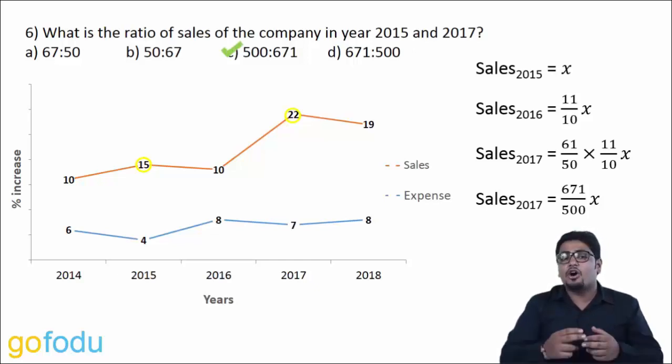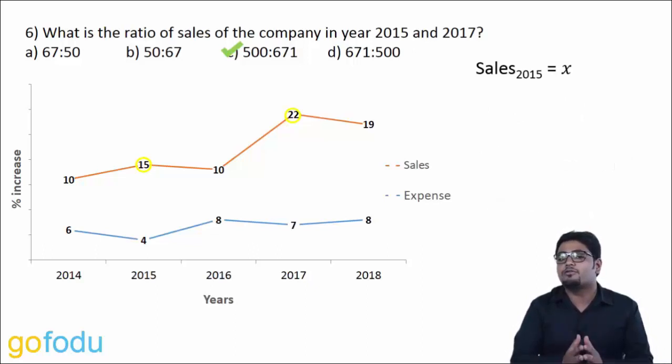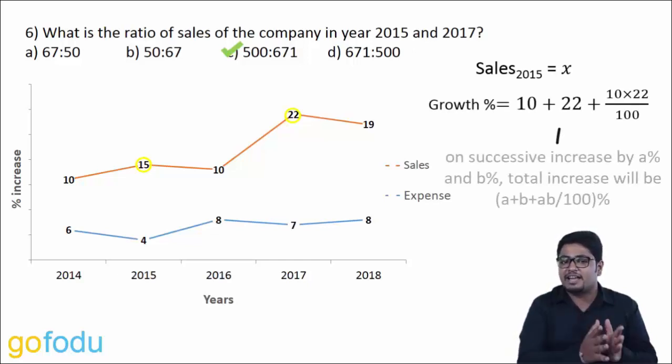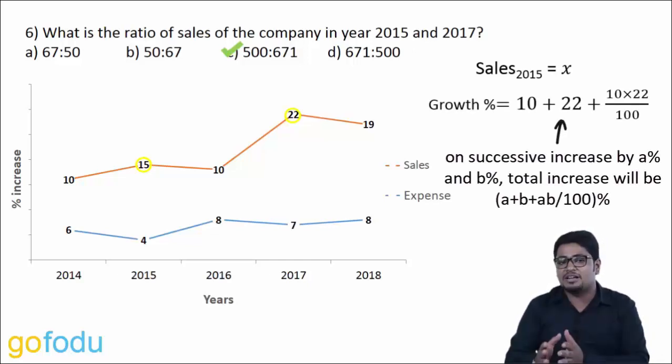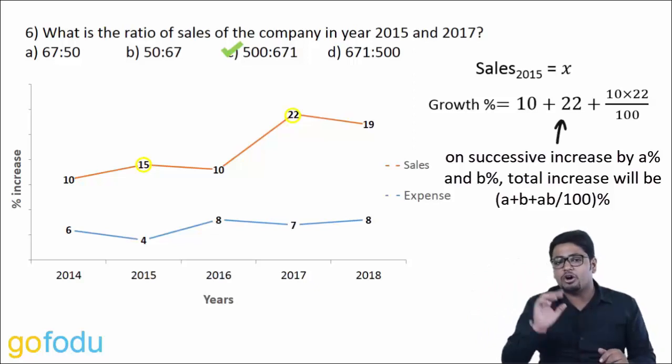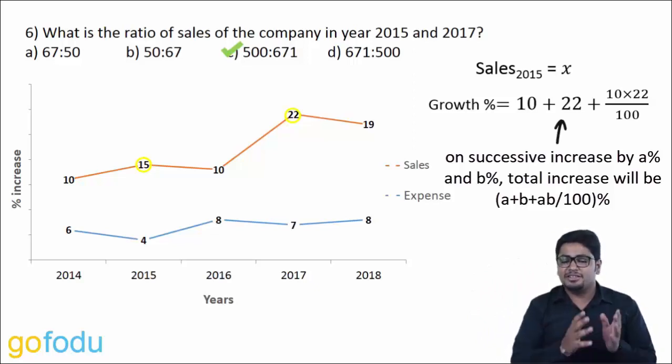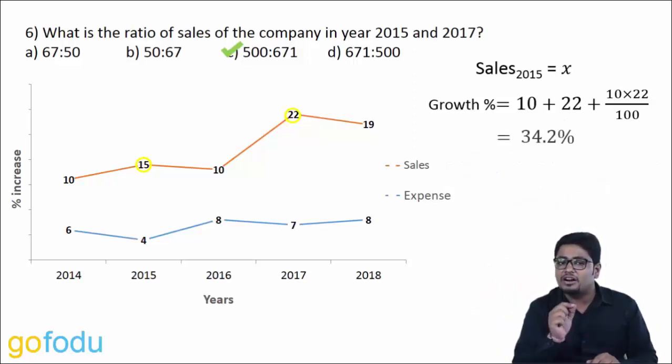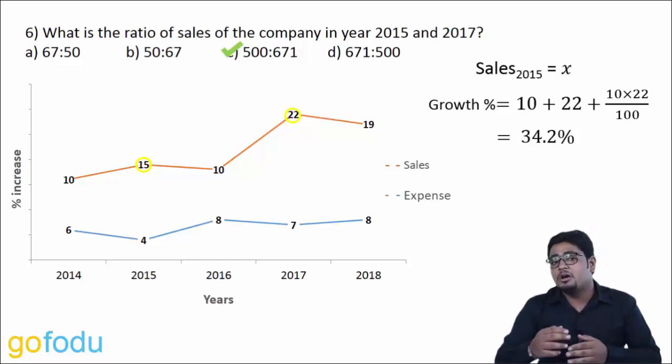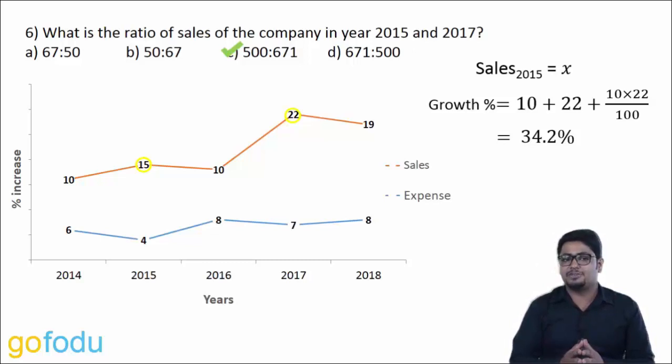This question can also be solved using the formula for successive percentage change. So, growth percent will be equal to 10 plus 22 plus 10 into 22 upon 100. This is equal to 34.2%. So, sales in 2017 will be 34.2% more than that in 2015.